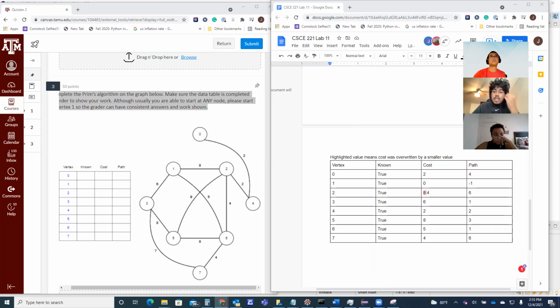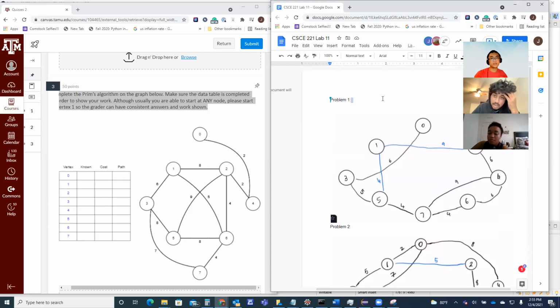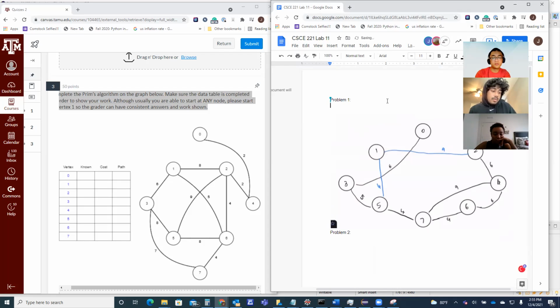Jacob, before you screenshot and turn in question 1 and 2, you might want to add the comment about the blue thing there. Okay. So the blue line doesn't mean anything special. It's just to make it easier to see the weights.